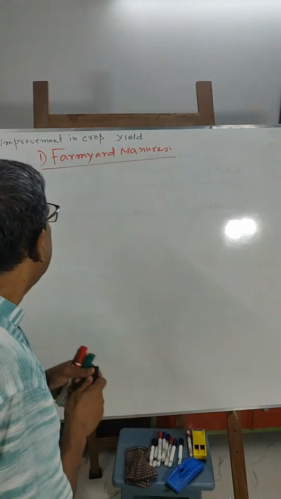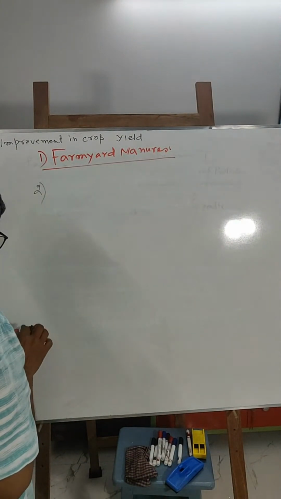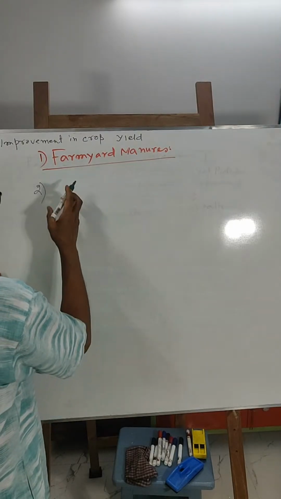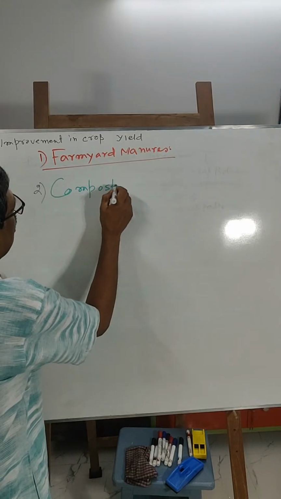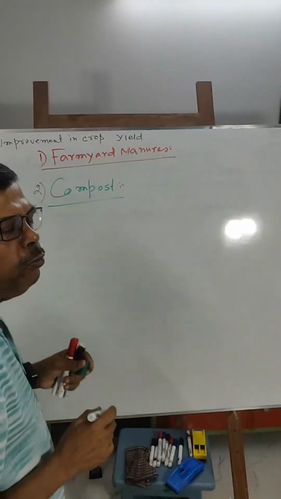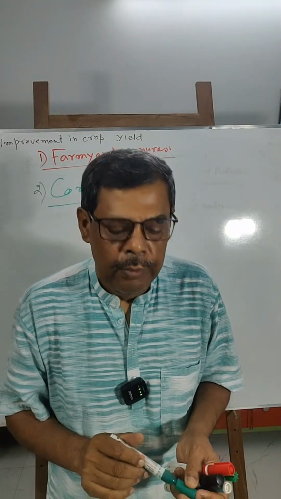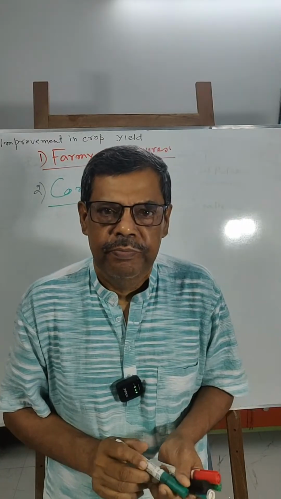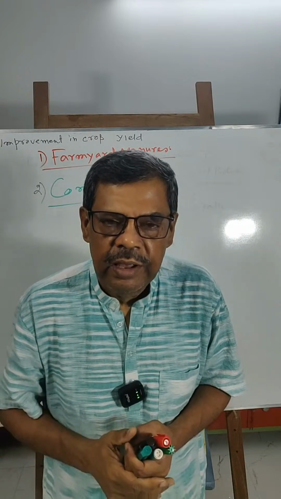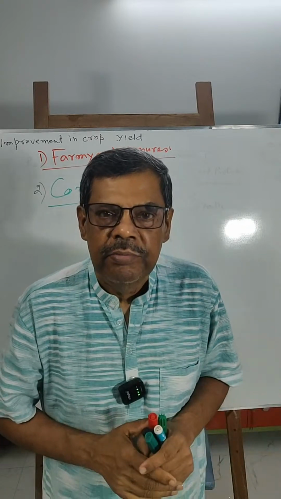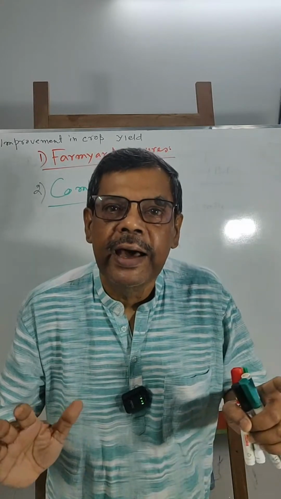Next, number 2, compost. It is produced from various types of garbage, that is vegetable garbage, animal garbage, household garbage, and market garbage.